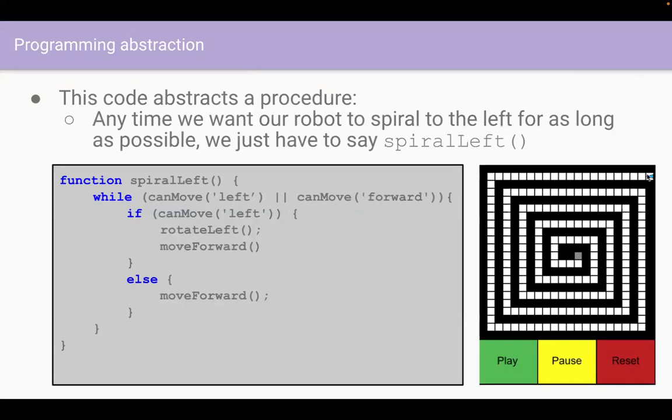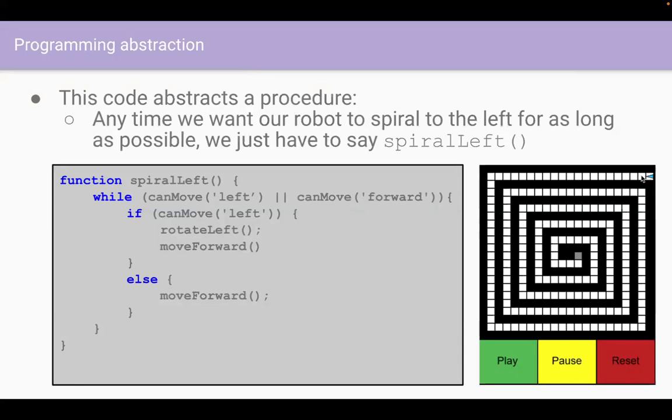So now we're going to go forward one, and now we're going to do an if statement. In the if statement, if the robot can move left, we want to rotate the robot left and then move forward. Otherwise, we want to just keep going forward. Now, pretend that this robot is one box forward right now.